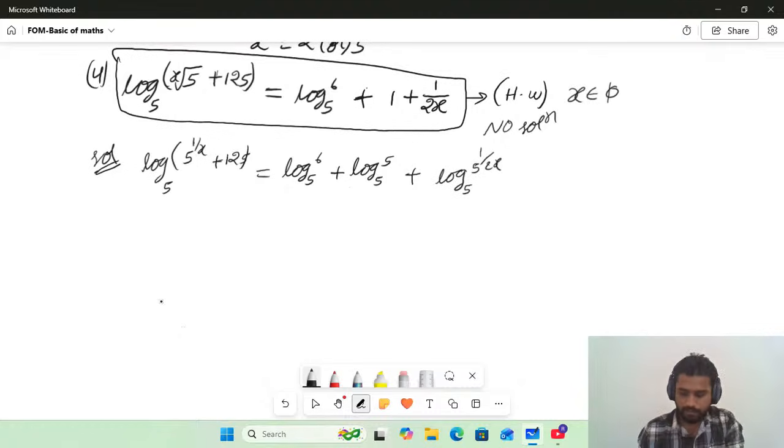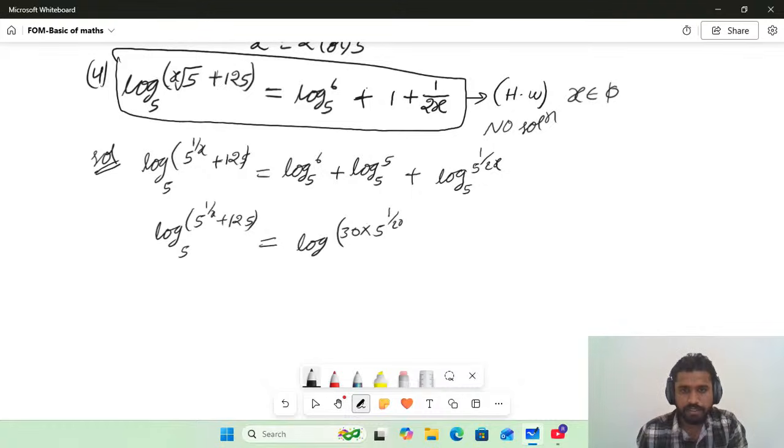So see here, log of 5 power 1 by x plus 125 to the base 5 equals log m plus log n formula is log mn. So 6 into 5, 30, into 5 power 1 by 2x to the base 5.